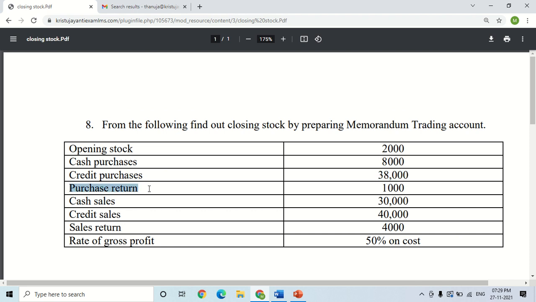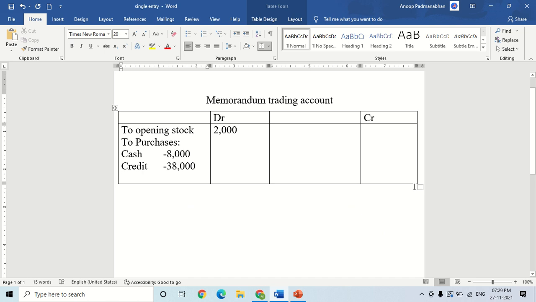Purchase returns are also given. The value in the question is 1,000 rupees, so you can also give minus returns. Returns reduce your purchase value, so we deduct it and keep it in brackets. In the outer column, total purchases minus returns will give you a figure of 45,000.